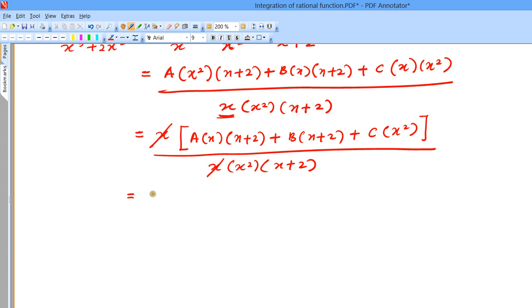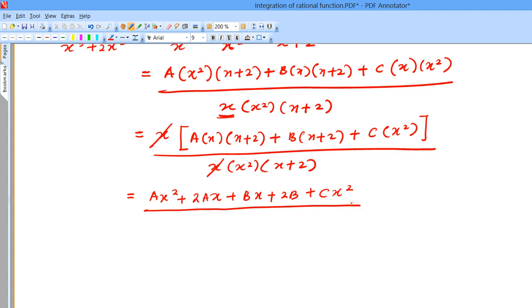So equal to Ax² + 2Ax + Bx + 2B + Cx², divided by, okay, the denominator we have x³ + 2x².